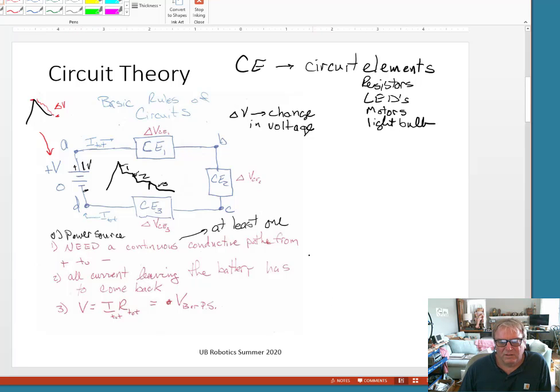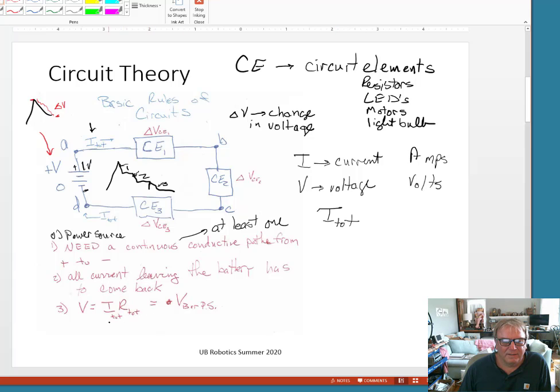Okay, so what this implies then is we have an important current. So I is current, and the units are amps. And of course, V is voltage, and the unit is volts. So all the current that leaves the battery has to come back to the battery. So that's I total. That's an important one we have to keep in mind.